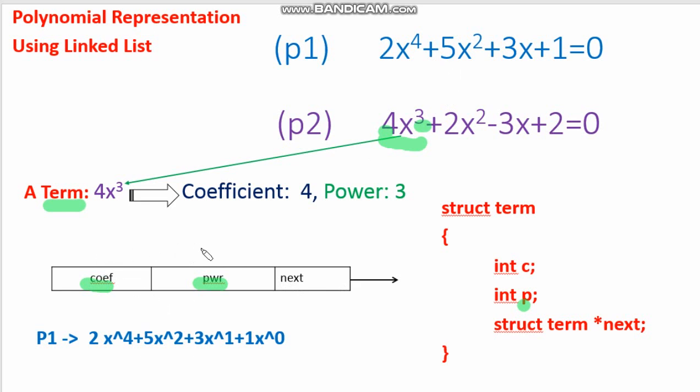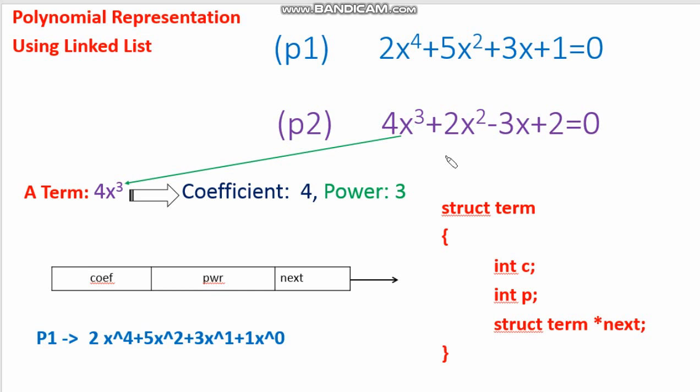Next would be 5, power 2, linking to the next. Next would be 3, power 1. And for the last term, it's also important to enter the coefficient and the power. Coefficient is 1, the power is 0. That has to be entered for practical programming. So that will be the representation.